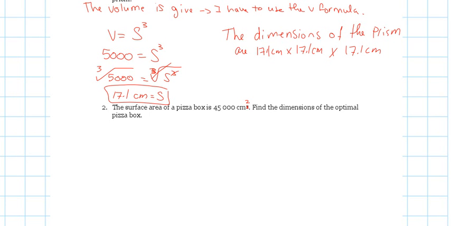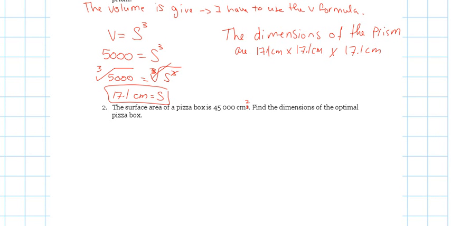Now, at the end of the day, are you going to have a cubic pizza box? Is it going to fit your pizza properly? No, it's not. But let's solve the problem because that's what we're asked to do. Okay, so I'm given the surface area. What formula do I start with? 6s squared.